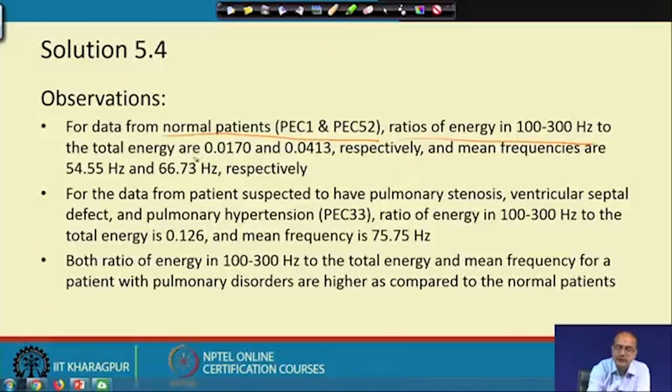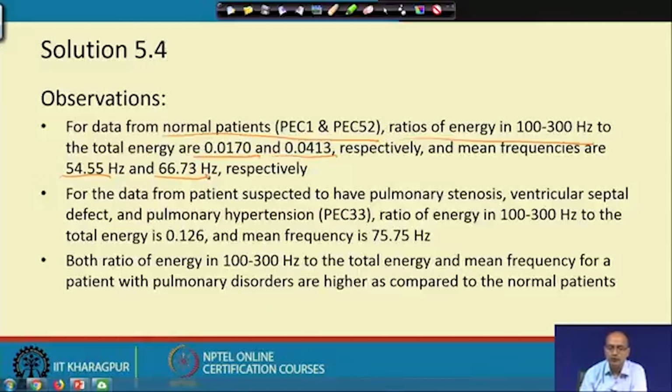It is 0.017 and 0.0413, that is 1.7% and 4.13%, and the mean frequencies are 54.55 and 66.73. So, among the normal patients, there is some variation, it is not always remaining the same.